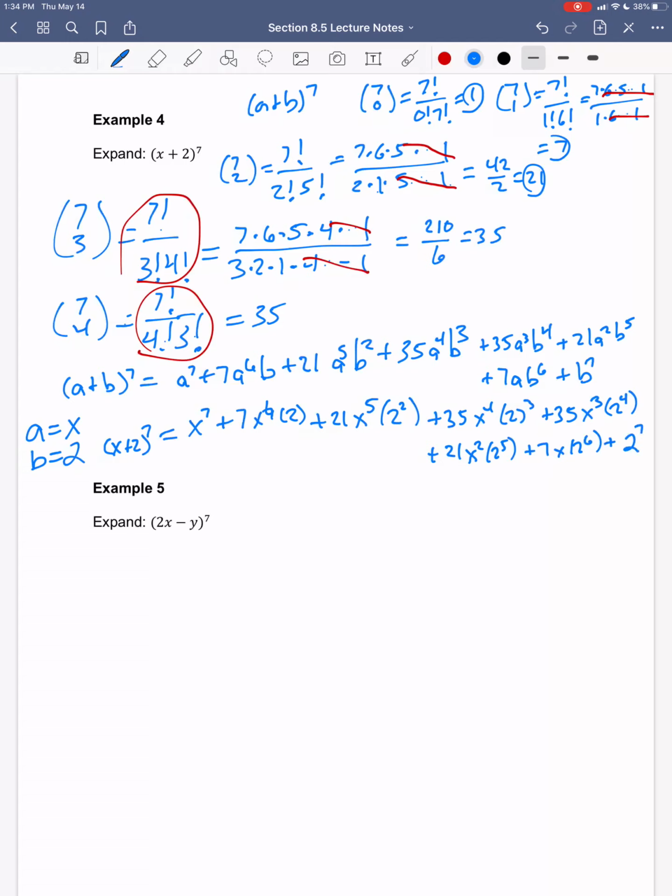And I'll have to use my calculator a little bit here. So 7 times 2 is 14. I'm going to get 21 times 4, so that's 84. I'm going to get 35 times 8, that's 280. Right, that was here, 35 times 8. I'm going to get 35 times 16. That's 560.